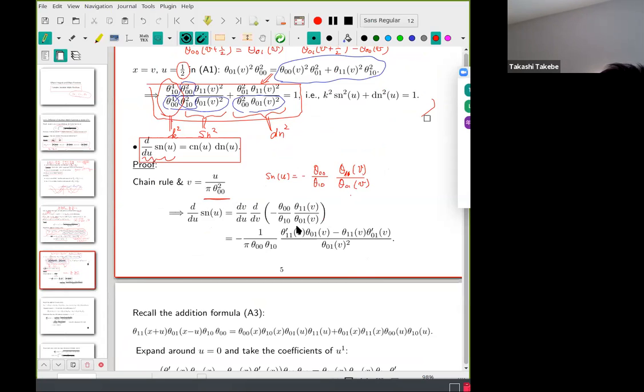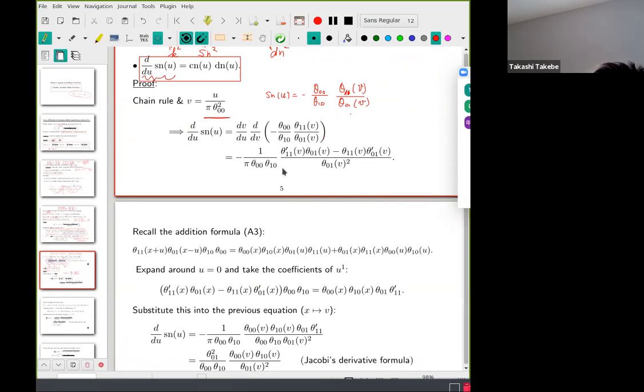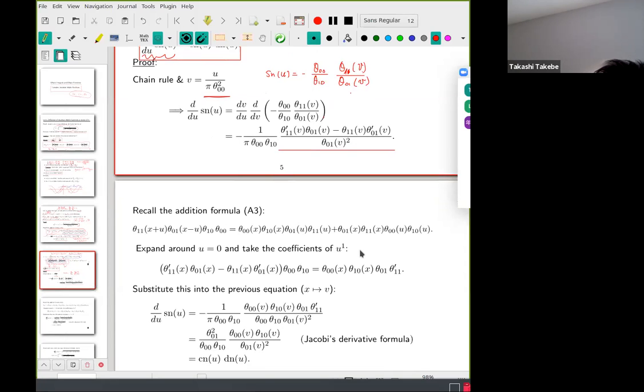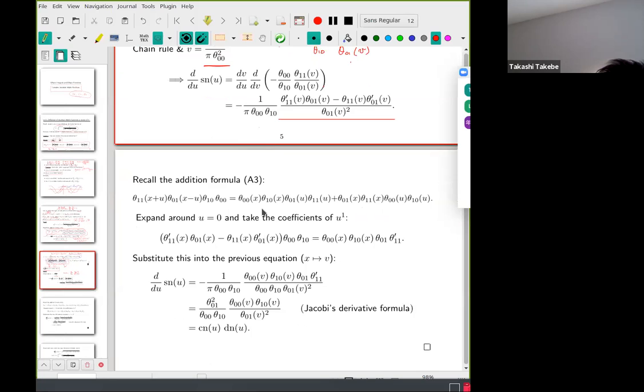Then, yeah, the definition was already there. But by first year calculus, we get such a formula. So, well, now we use the addition formula A3, which we proved last time.